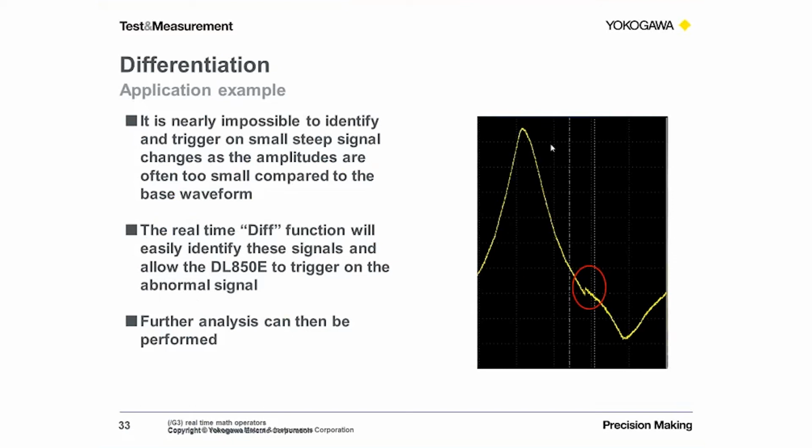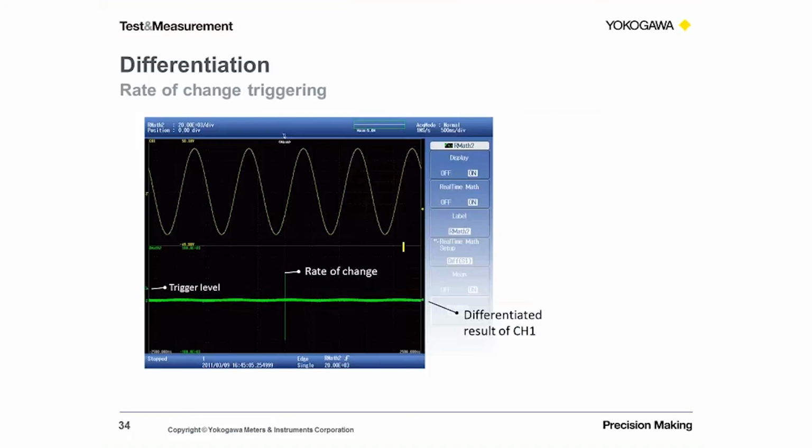However, if we differentiate that signal, in practice you can't actually see at all the original waveform and what effect it's having on the original waveform. But by differentiating it here, what we have is a rate of change signal now produced, and you can see that the level is just a pulse, which we can now use as a trigger. So that is a practical use of the real-time maths to trigger the instrument.